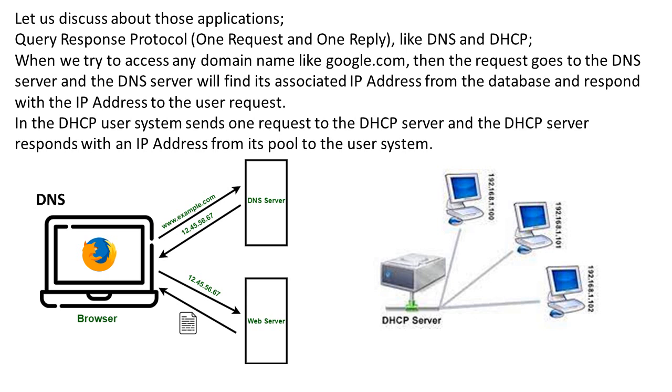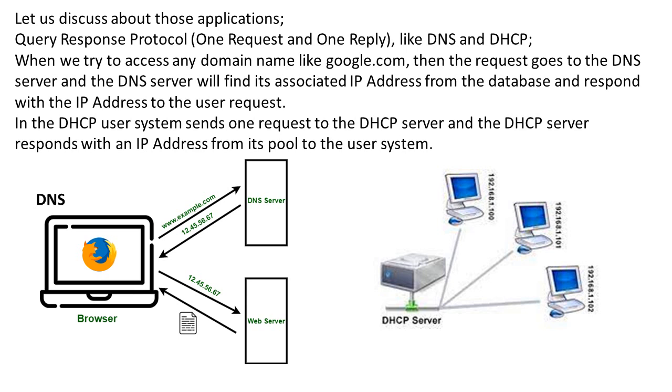Query response protocol. One request and one reply, like DNS and DHCP. When we try to access any domain name like google.com, the request goes to the DNS server and the DNS server will find its associated IP address from the database and respond with the IP address to the user request.